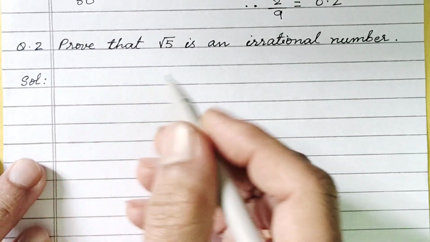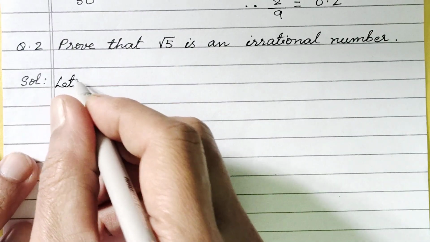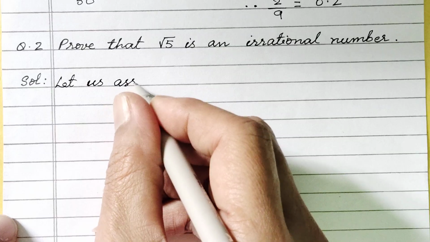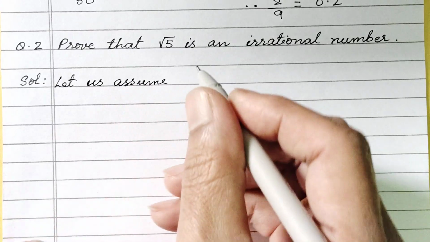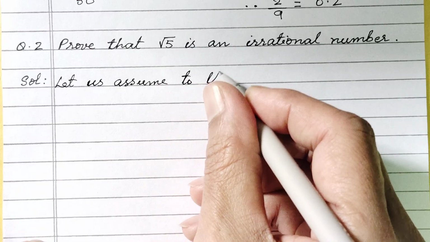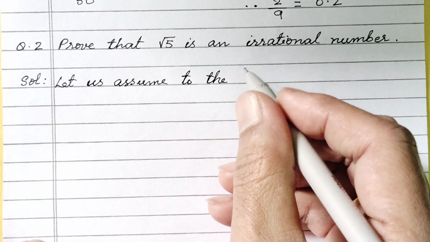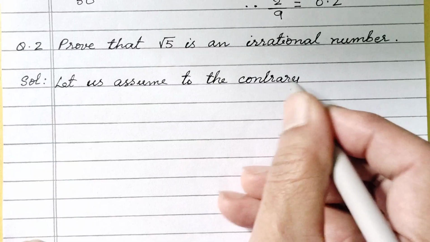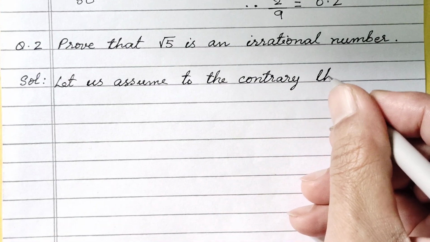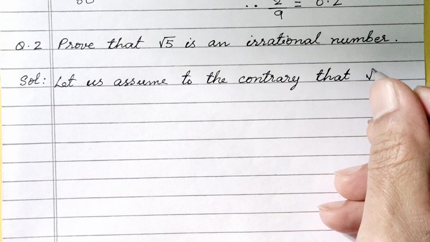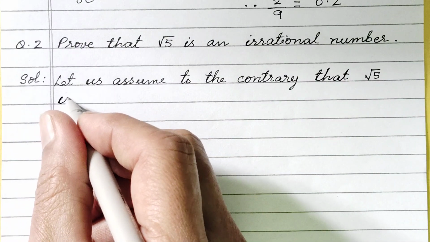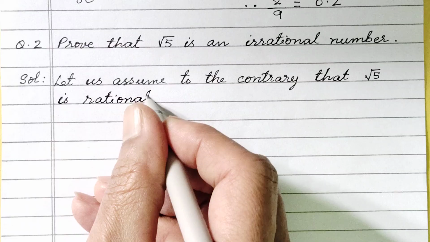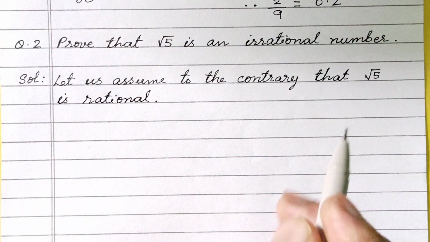So here first, let us assume to the contrary that root 5 is rational.